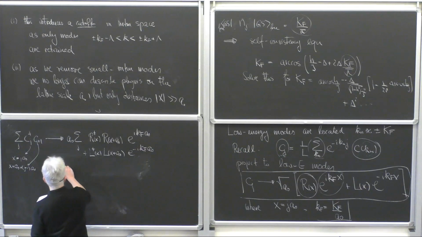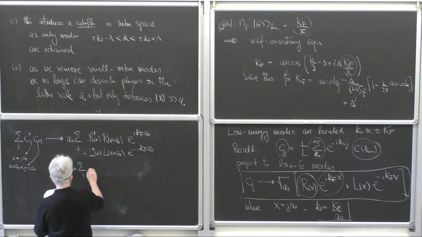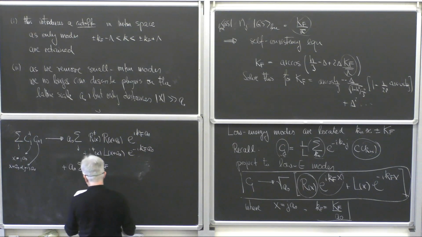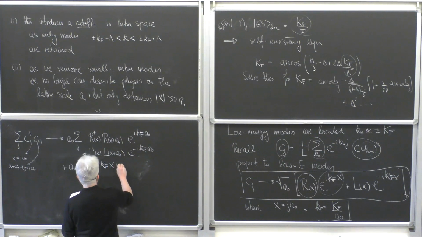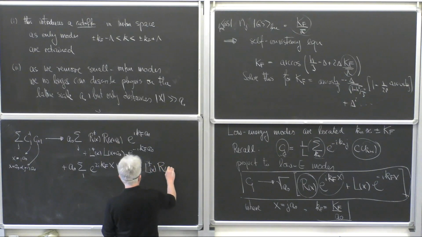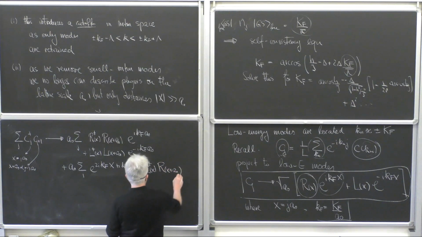And then we have backscattering terms, so e to the 2i k_F x plus i k_F a₀, L dagger of x, R of x plus a₀.